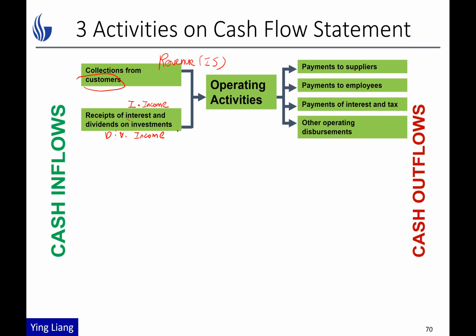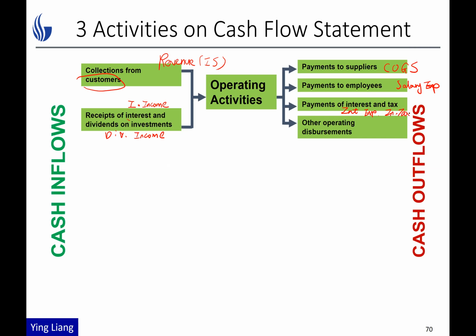Now, on the right-hand side, which is the cash outflows: payments to suppliers. What is it in the income statement that's related to suppliers? COGS, cost of goods sold. Payments to employees: that's the employees' salary expense. Payments of interest and tax: in the income statement, we have interest expense and income tax expense.